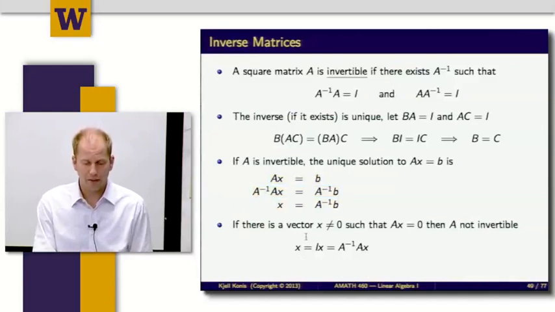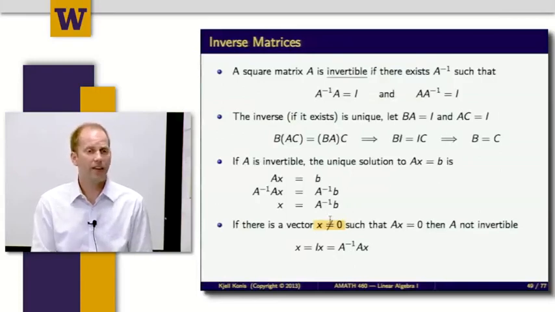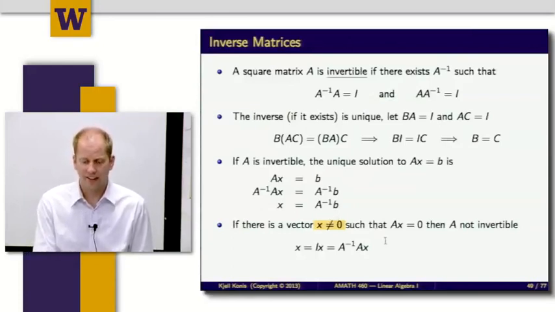I want to assume that X is not equal to 0, and then based on that assumption, I want to prove that it is equal to 0. So I'm assuming something is true, and contradicting that assumption. That's called a proof by contradiction, and that's going to allow me to say that A is not invertible.